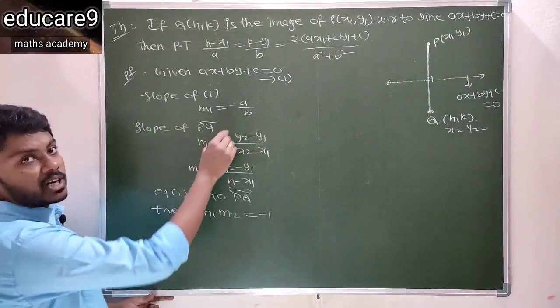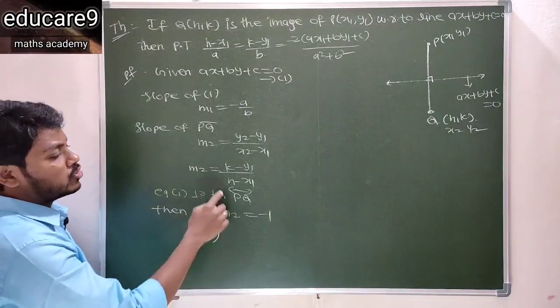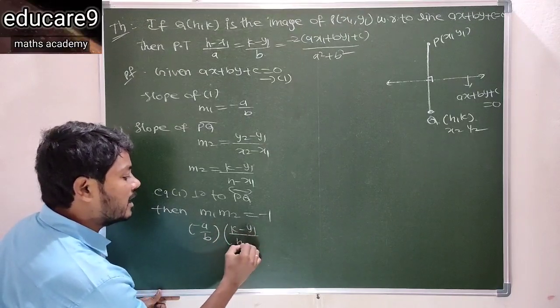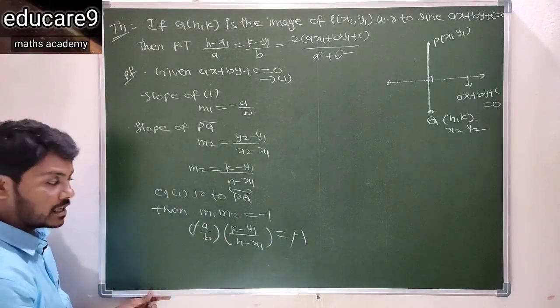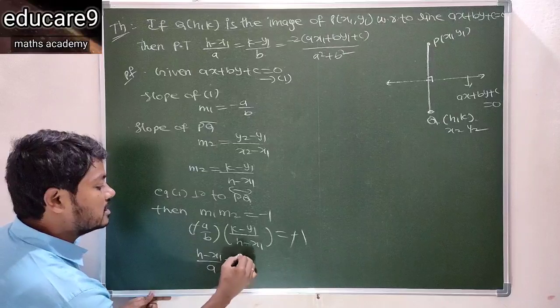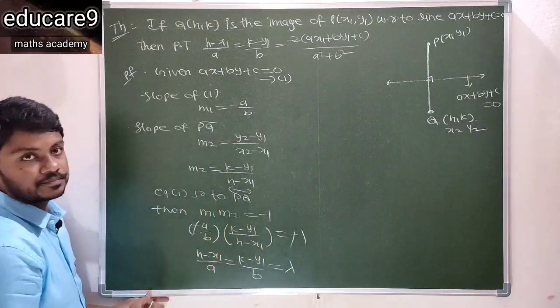So clearly m1 is what? The slope of the line, minus a by b, and m2 is what? The slope of PQ, that is (k minus y1) by (h minus x1), is equal to minus 1. Here minus and minus get cancelled. Now this is (h minus x1) by a is equal to (k minus y1) by b. Suppose this is lambda.